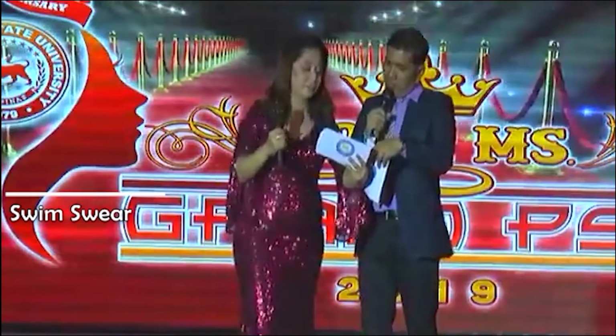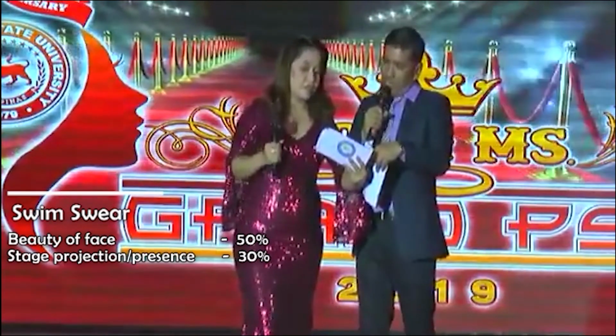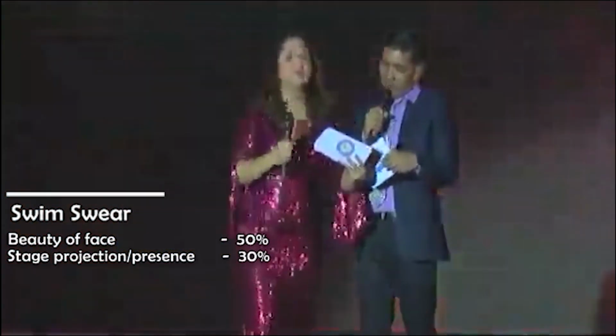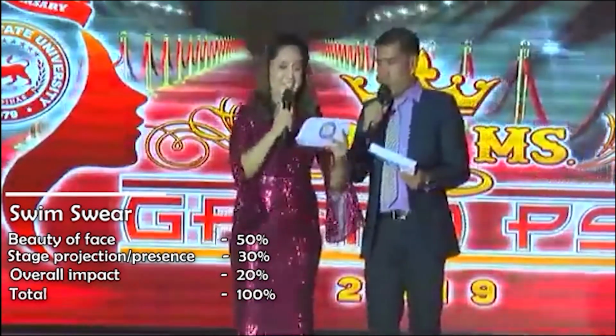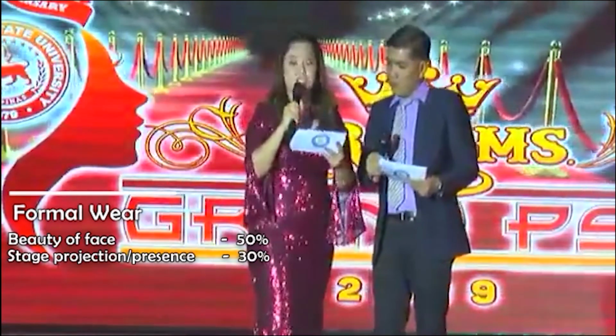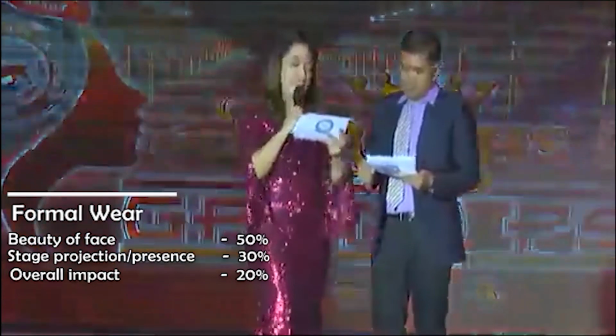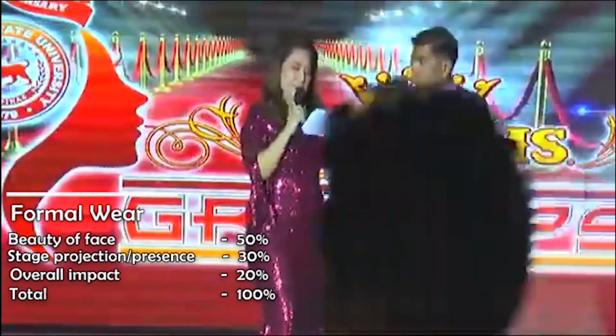For the swimwear, the criteria are beauty and face, stage projection and presence, overall impact, for a total of 100%. Yes, and for the formal wear competition, we also have this criteria. Beauty of face, 50%. Stage projection and presence, 30%. Overall impact, 20% for a total of 100%.